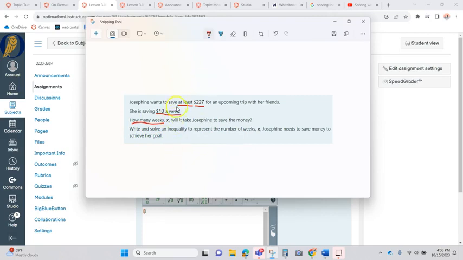So, first let's talk about this phrase, at least 227. I want to think about, would that include numbers bigger than 227? Numbers smaller than 227? To decide which way my alligator mouth is going to go, let's use a number that's bigger than and a number that's smaller than this.